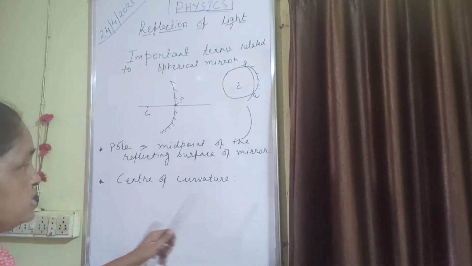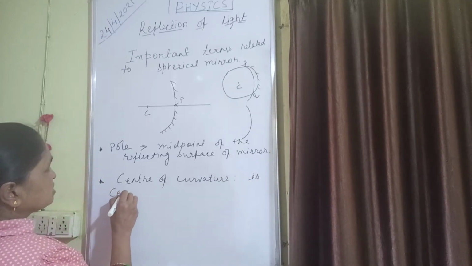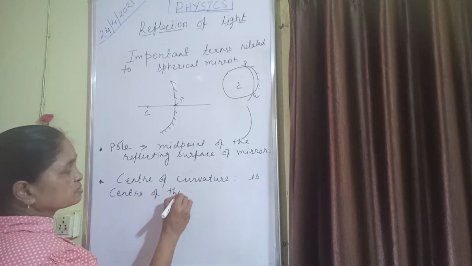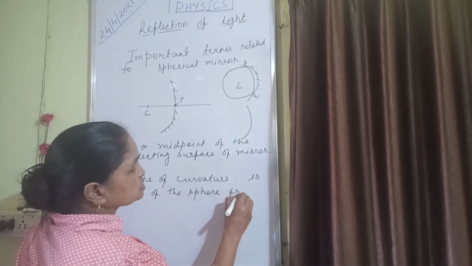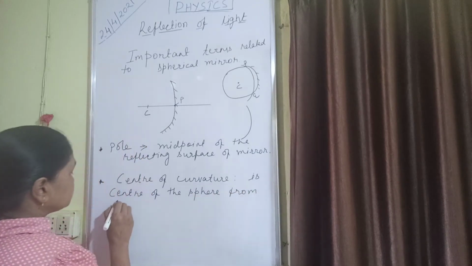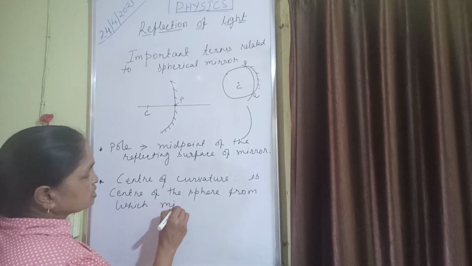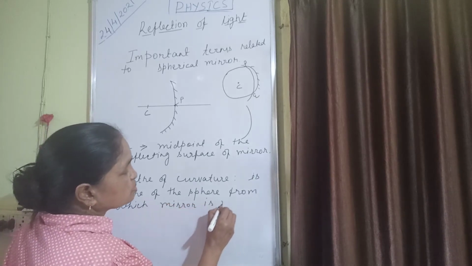Center of curvature is the center point of that sphere from which the mirror is made up.